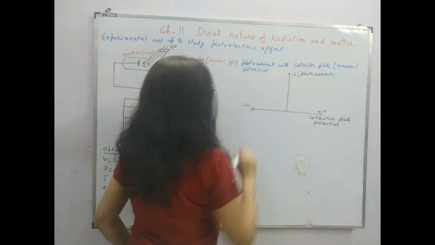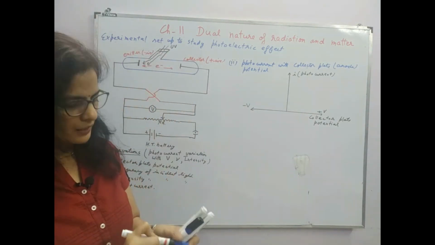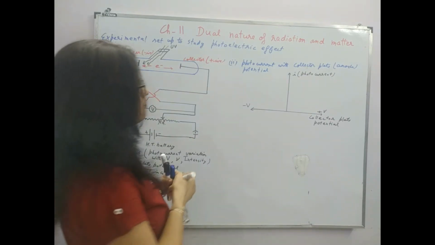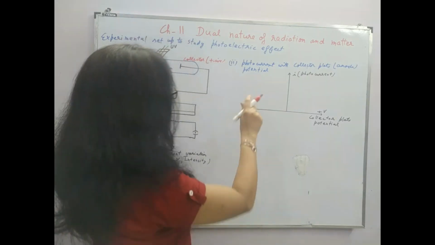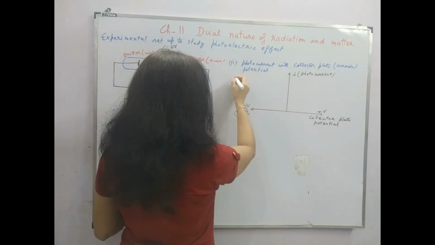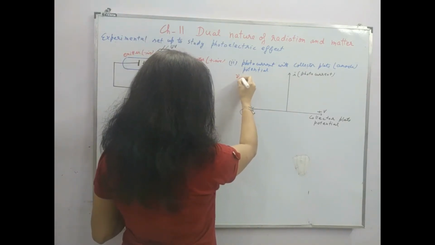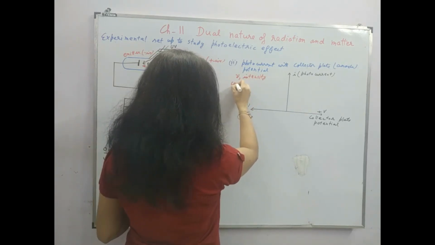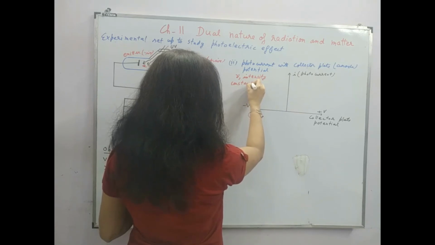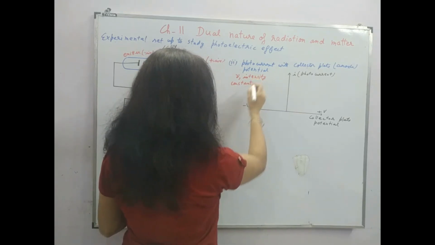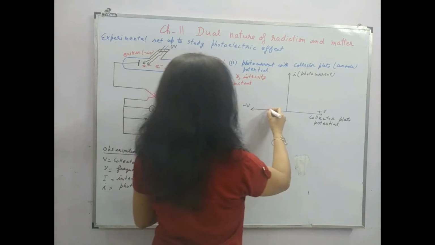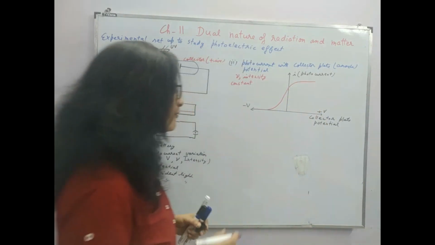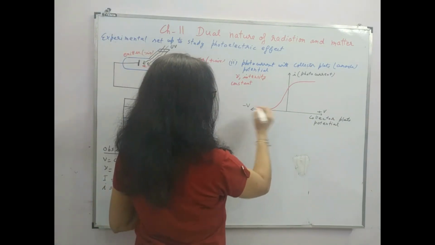The graph is drawn by keeping the frequency and the intensity constant. So for a particular graph, frequency and intensity are kept constant. So what kind of graph is obtained here? This kind of graph.